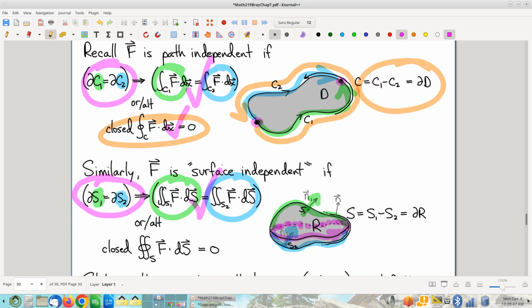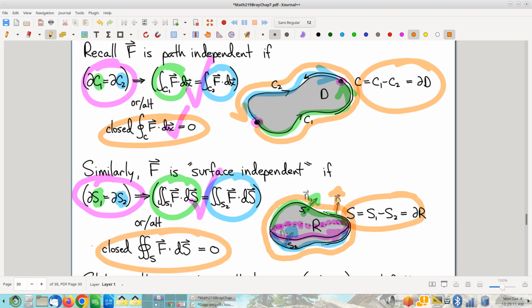And again, looking at the orientations, notice one's outward, one's inward. Notice that the difference between those two surfaces is itself the boundary of a solid, and an alternative phrasing then becomes that you can describe surface independence as closed fluxes are always zero.